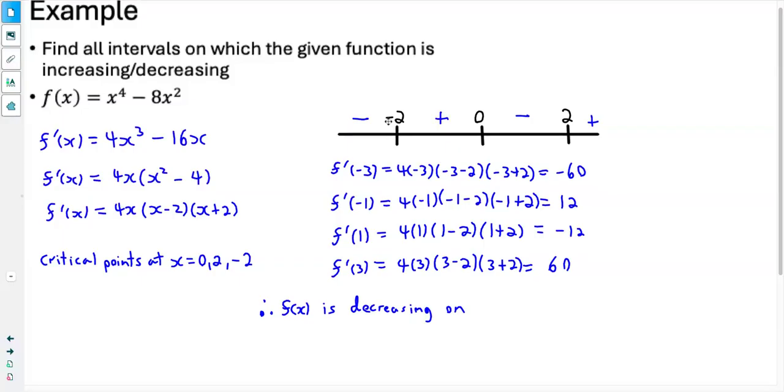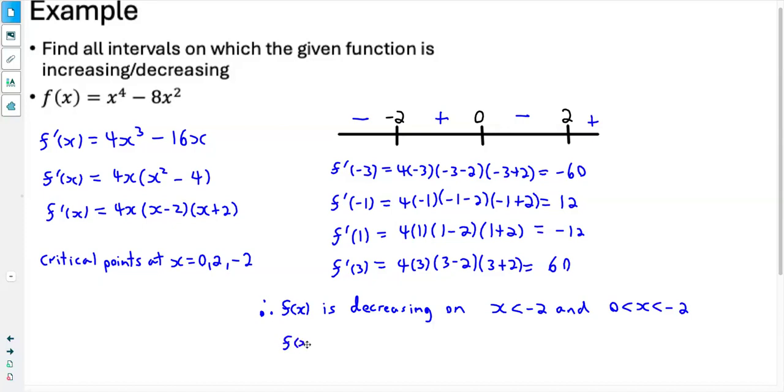But we can see any point less than -2, so decreasing on when x is less than -2. And we can see it's decreasing between 0 and 2. So we can say 0 is less than x, which is less than 2.